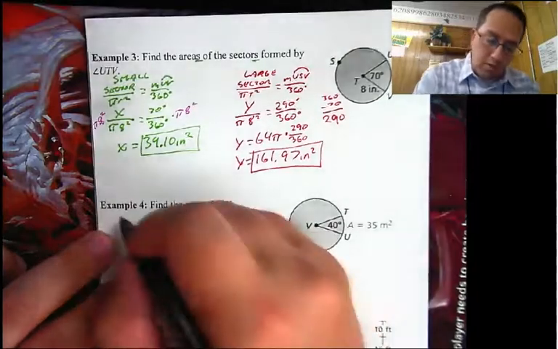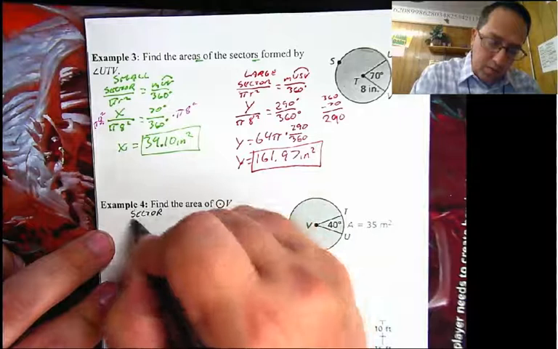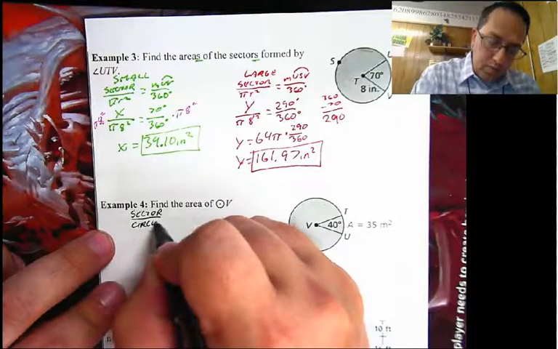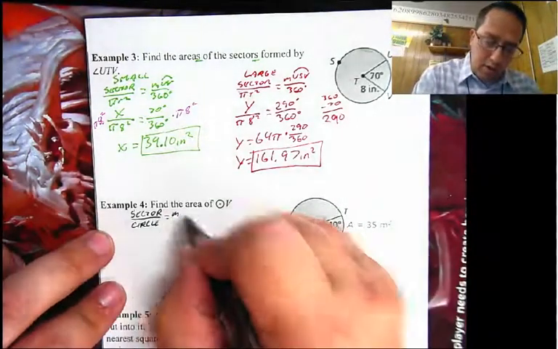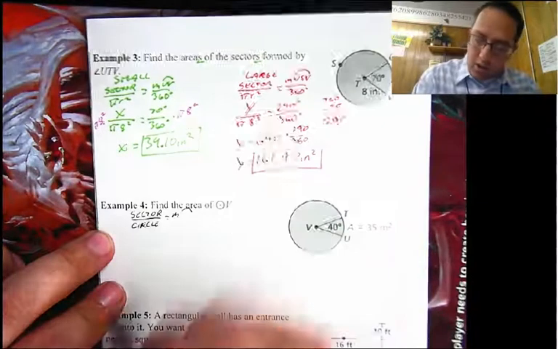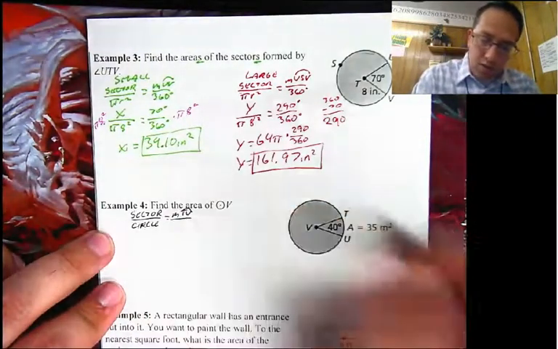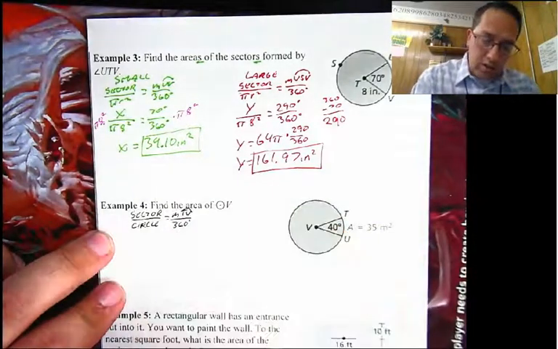So let's see what we've got here. We've got sector over the circle equals the measure of the arc, so the measure of arc TU over the entire circle, 360.